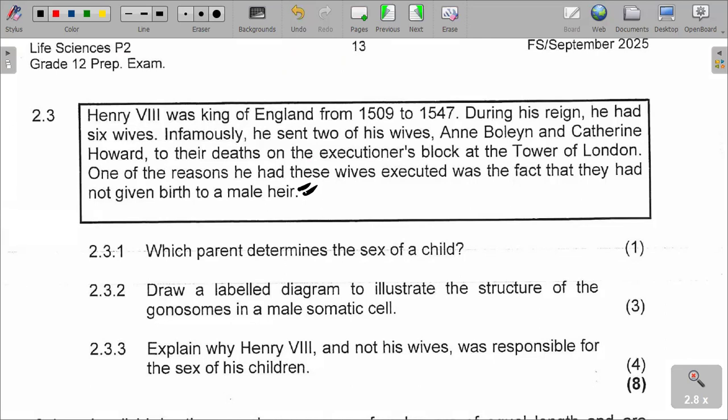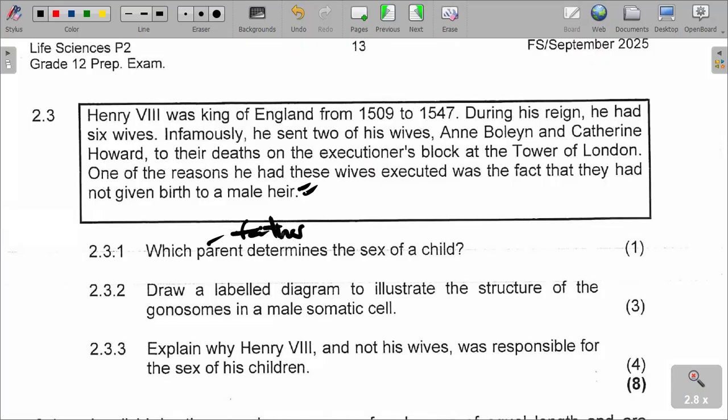Which parent determines the sex of a child? The father, or the male parent, determines the sex of a child.